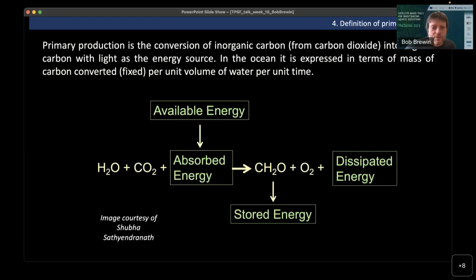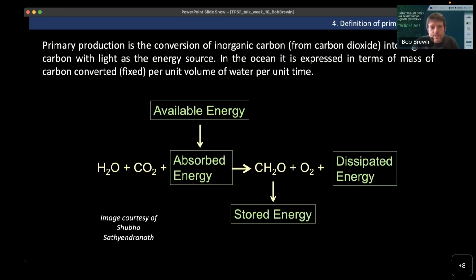And if we look at the basic photosynthesis equation and how it works, we can see that we have water, H2O, and we have CO2. We use the available energy in the form of sunlight that's absorbed by the phytoplankton through the process of photosynthesis.